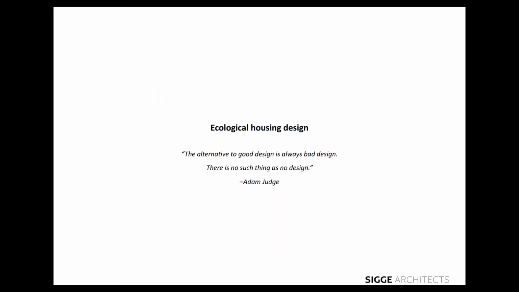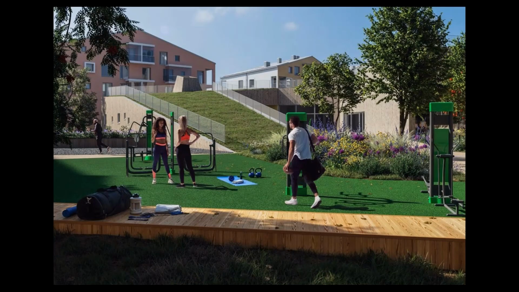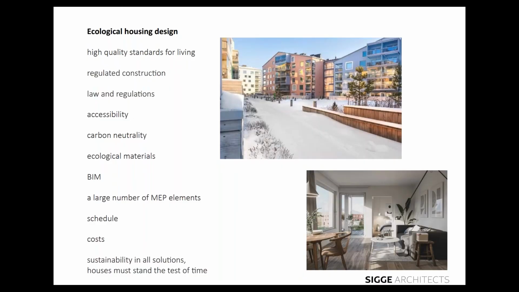Then about eco-friendly housing design. In modern housing design, ecology is related to everything. On top of that, the alliance has set a lot of goals to reduce the carbon footprint of the whole block. In Finland, housing design is strictly regulated.